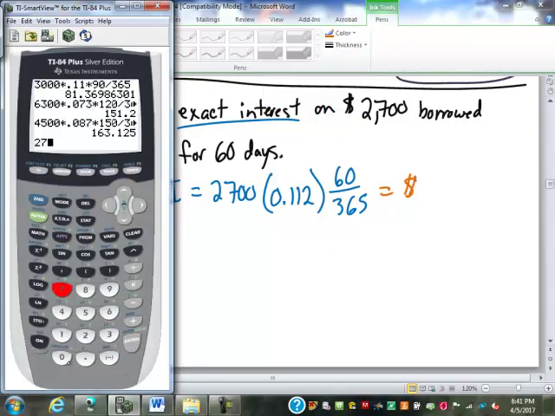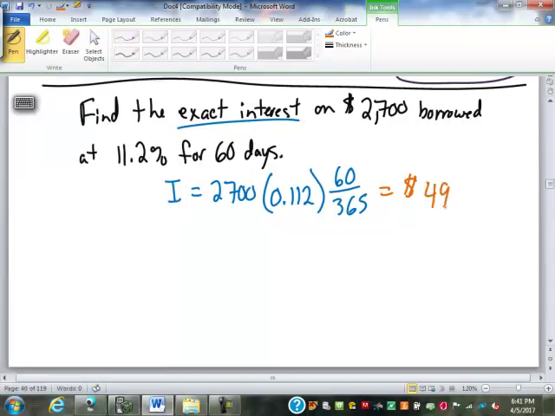So 2,700 times 0.112 times 60 divided by 365. $49.71. Do I have to go to the next step? No, because I just say find the interest, not the maturity value.